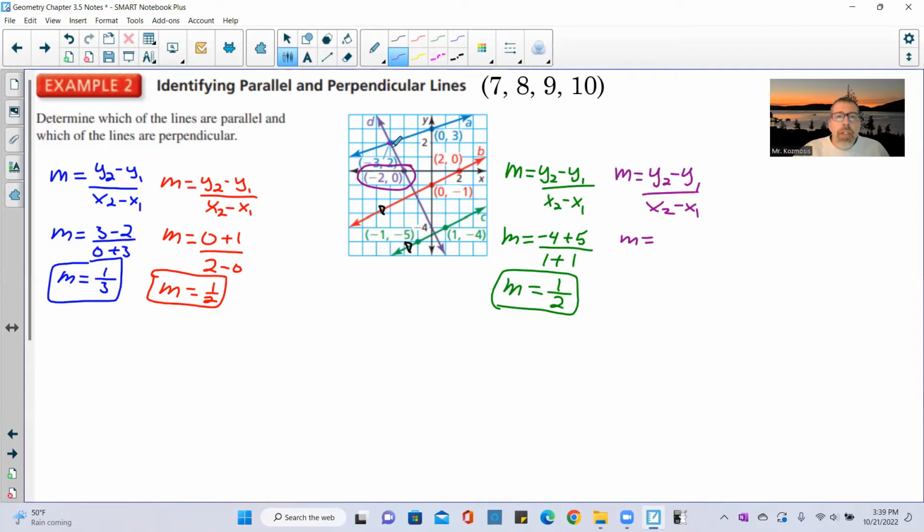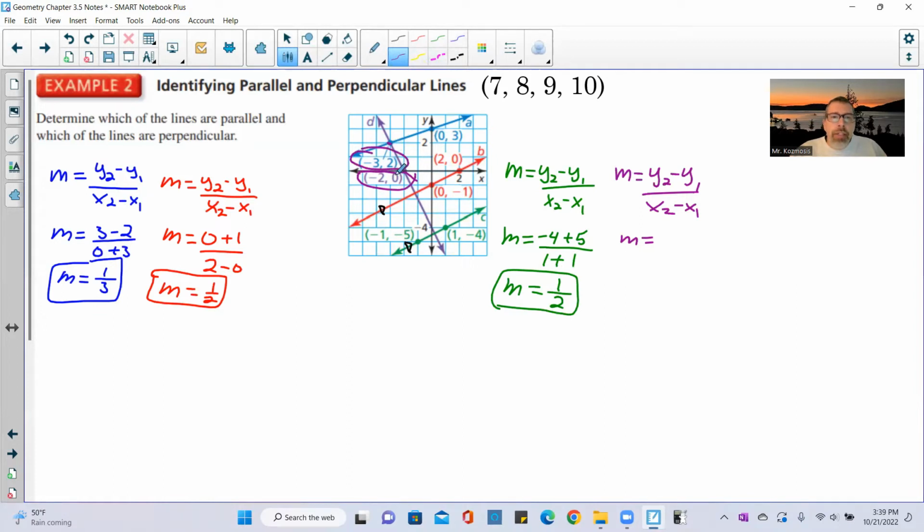And this point right here is the intersection of the green and the purple. And that is the point -3, -2. So I'm using this point right here, -2, 0, and I'm using -3, 2.